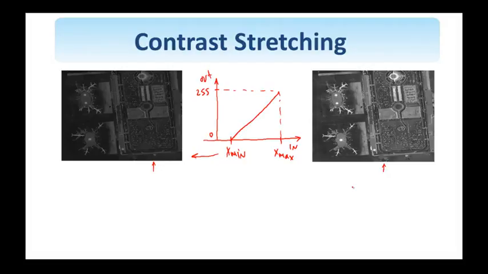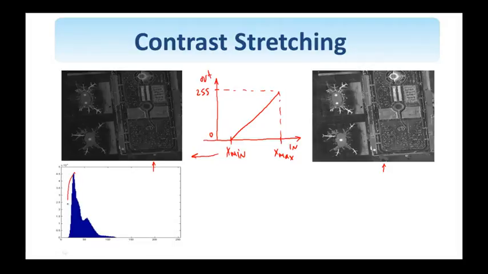Now, while operating on the intensities one at a time, independently of the neighborhood, we were also clearly modifying the histogram of the image indirectly. So this is the histogram of the first image. Again, it's a dark image, so most of the intensities are concentrated around low values, and there are almost no intensities here at high intensity values.